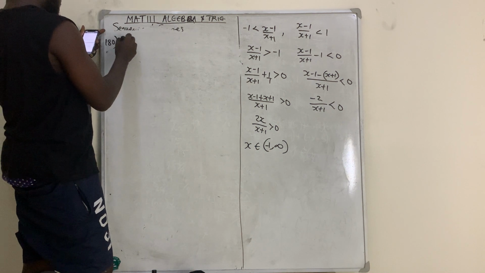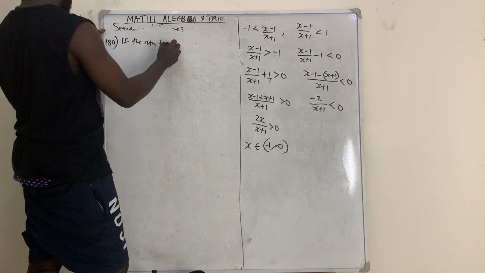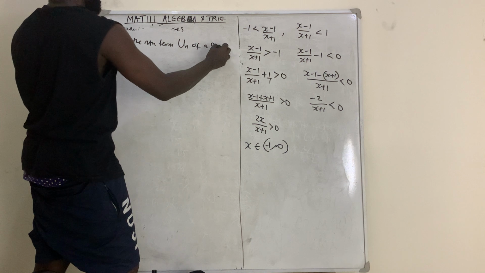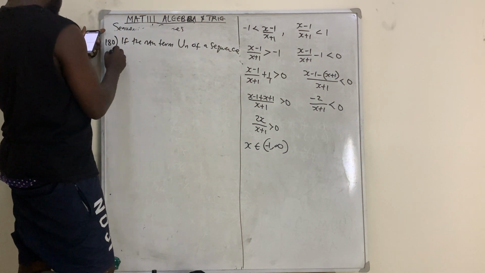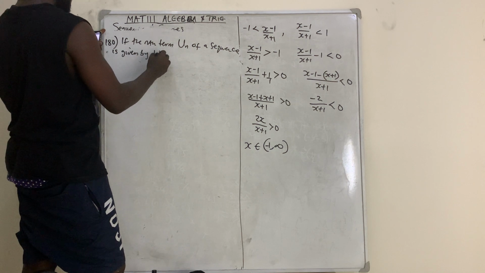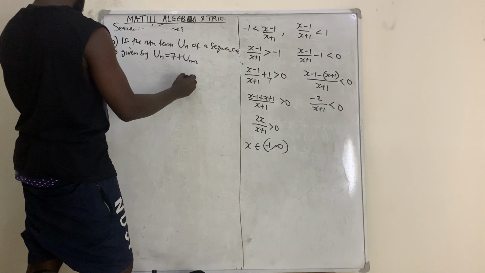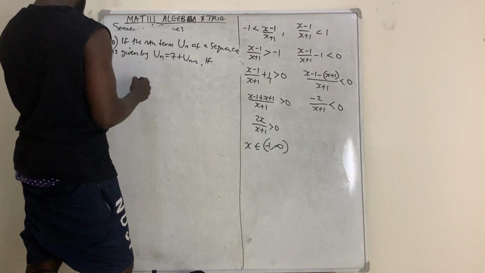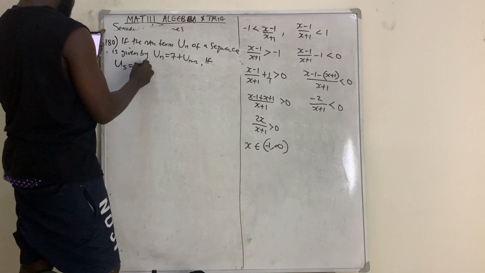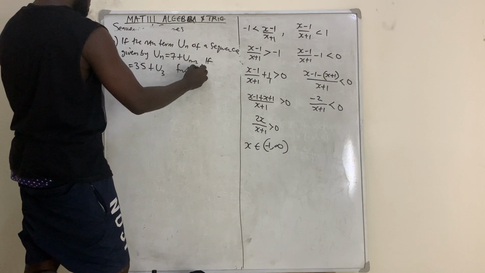Question number 180 said: if the nth term un of a sequence is given by un is equal to 7 plus un minus 2, then if u5 is equal to 35 plus u3, find u1.